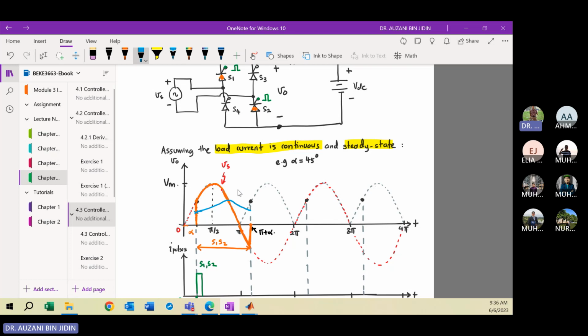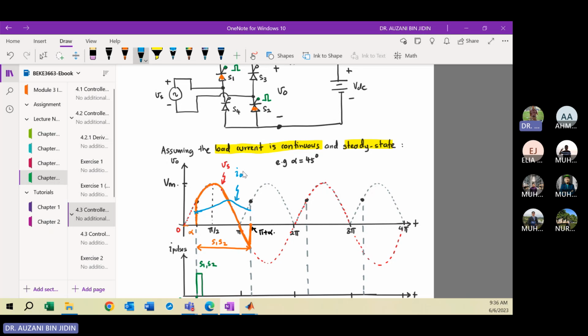So this is the profile of your load current, IO. Remember, your inductor current cannot change immediately, same as the voltage. It requires time to charge and discharge, sorry, to increase and decrease exponentially.